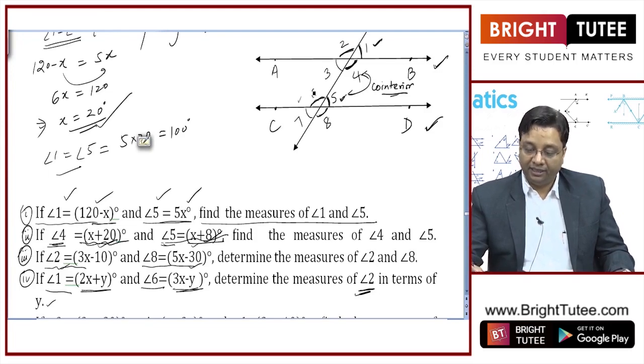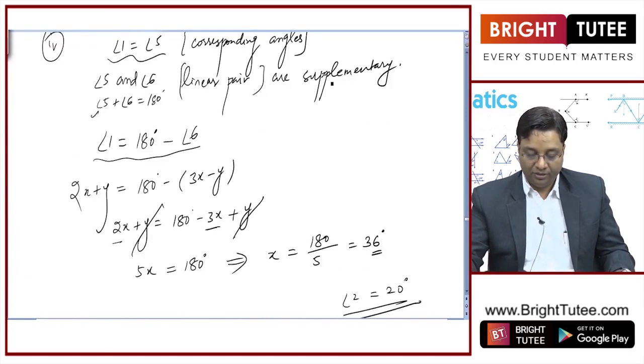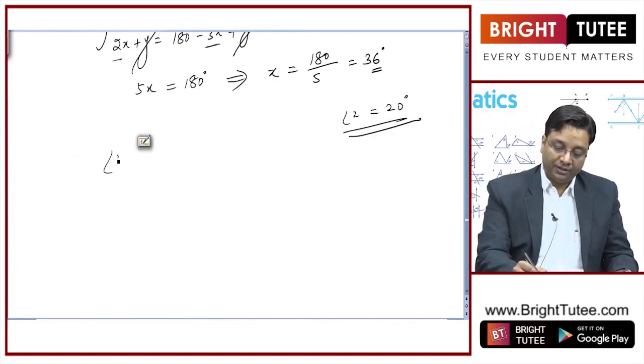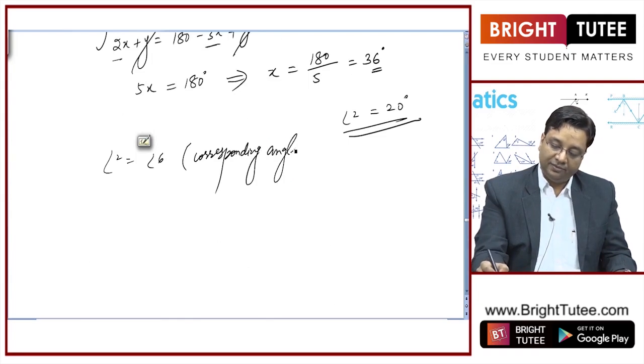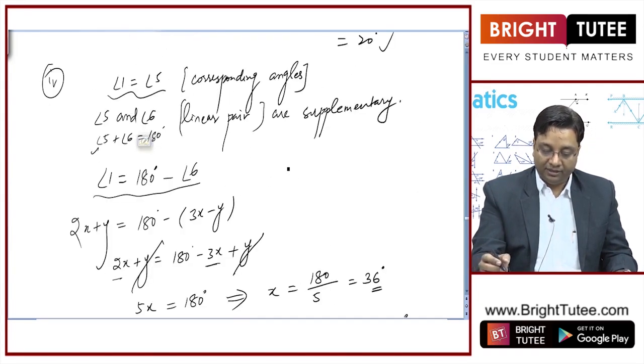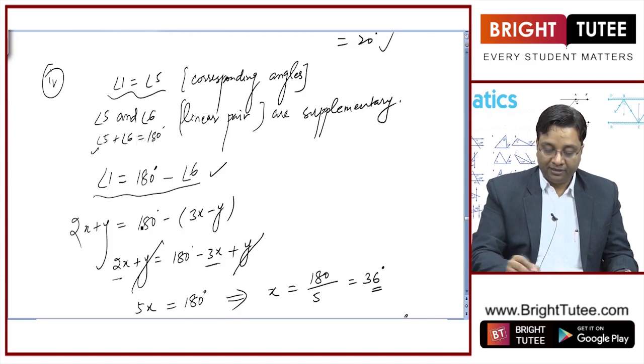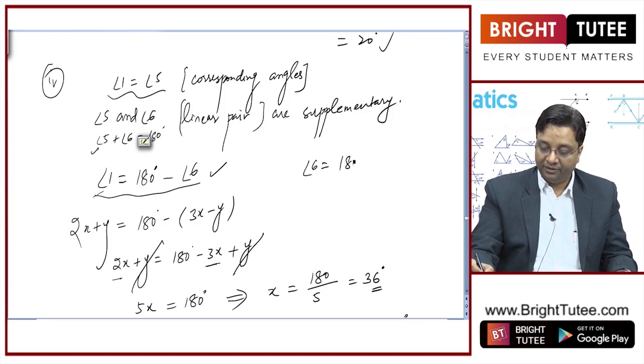These are equal, right? Angle 2 is equal to angle 6 because they are corresponding angles, right? Now angle 6. What about angle 6? Angle 6 is 180 minus angle 1, so that is 180 minus (2x plus y).